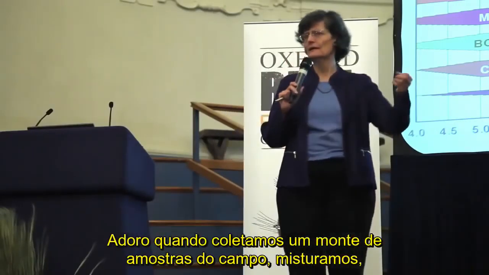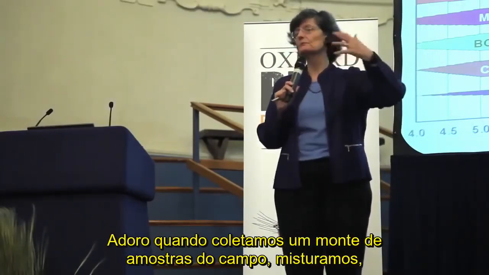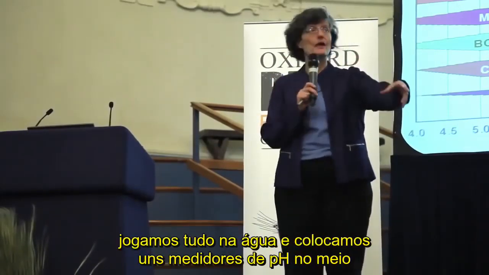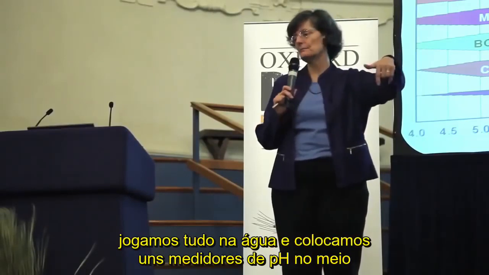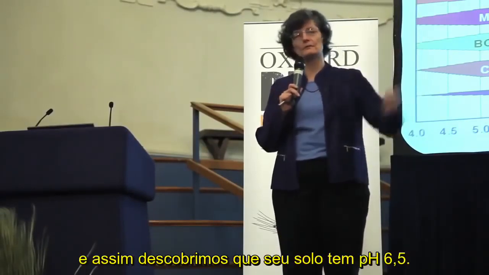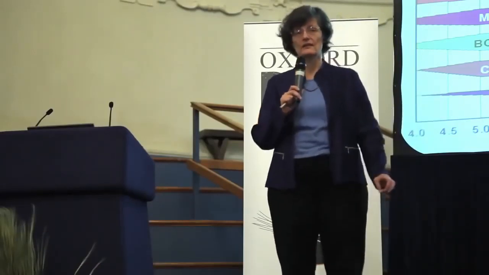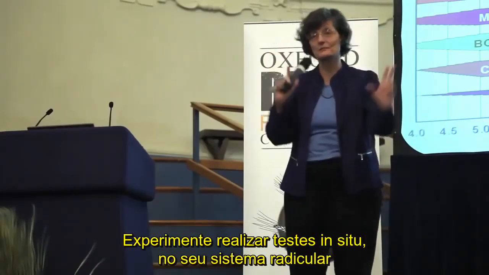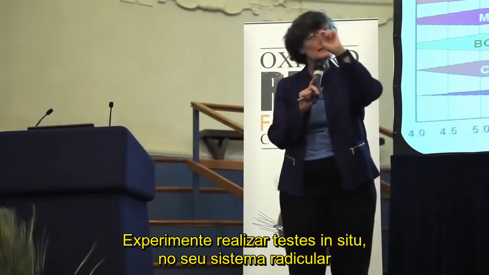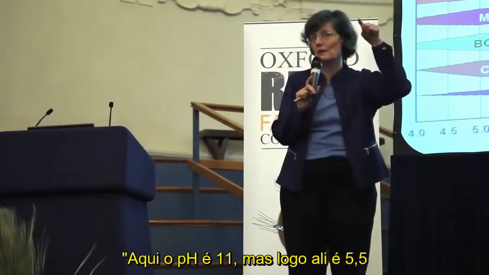I love it when we take a whole bunch of samples from your field, mix them all together, throw that into water, and stick a couple of pH probes in there, and we come up with the fact that your soil has a pH of 6.5. Really? Go to your root system and do a little site testing. Over here in your root system, the pH is 11.